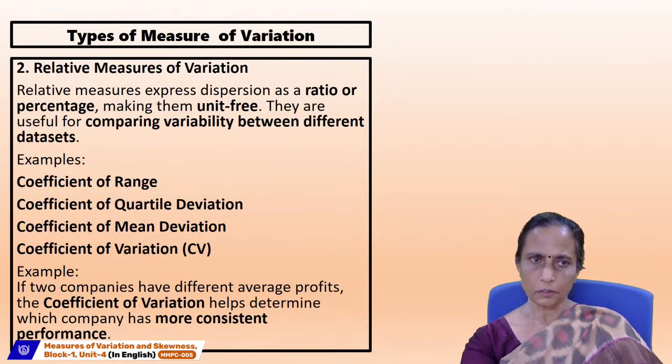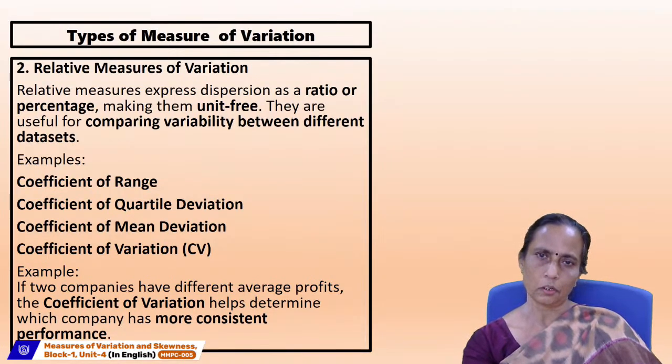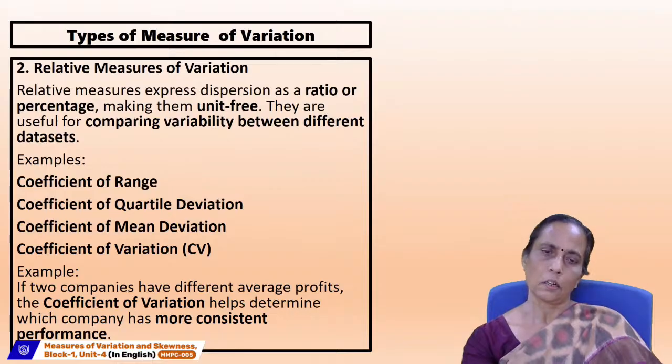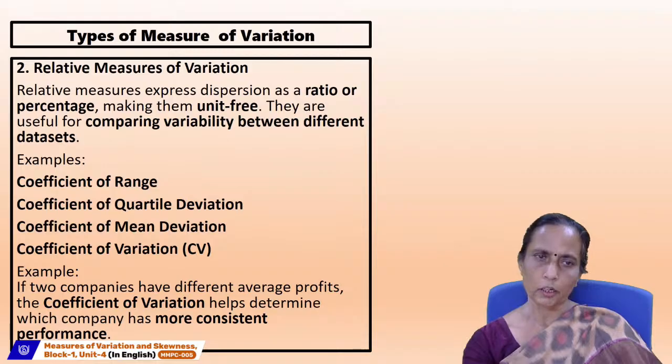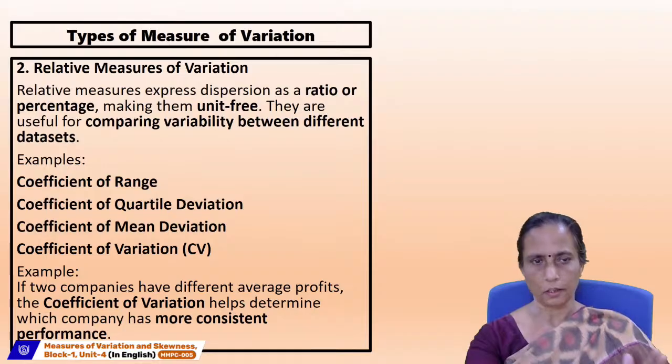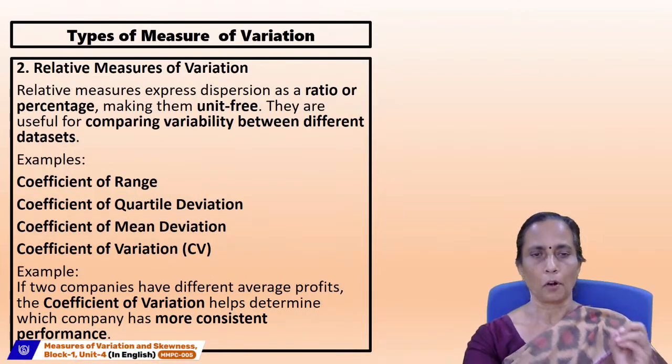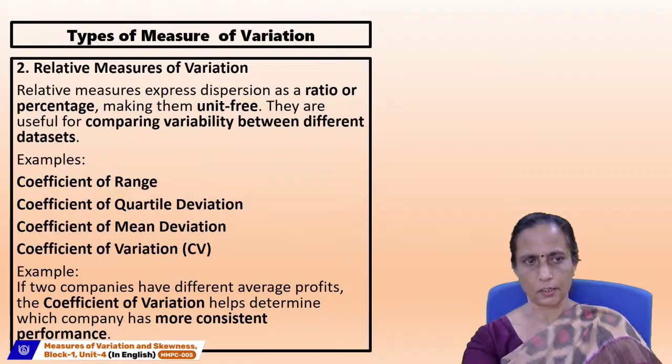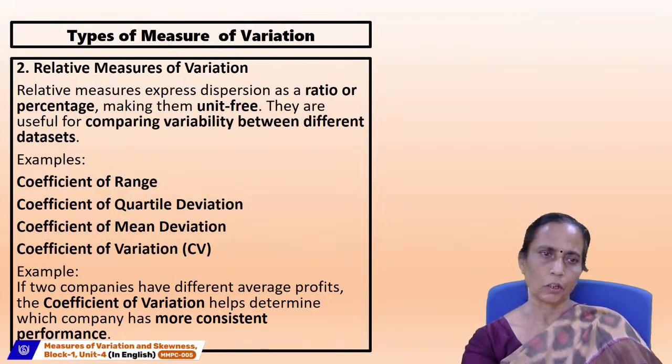Now, relative measures of variation express dispersion as a ratio or percentage, which will not have any unit associated with it. They are usually useful for comparing variability between different data sets. That means each relative measure of variation doesn't have any unit associated with it, so it is free from whatever unit the data set has.